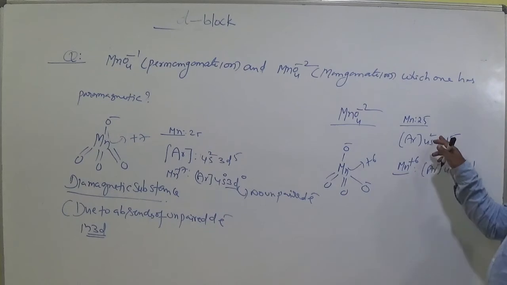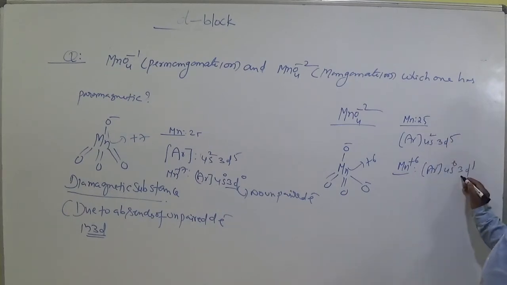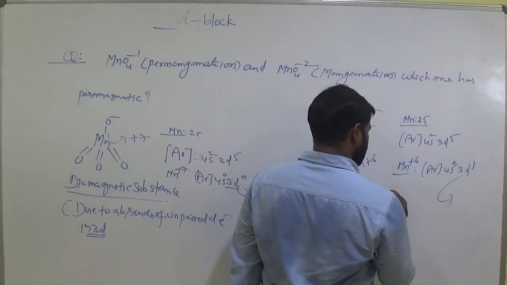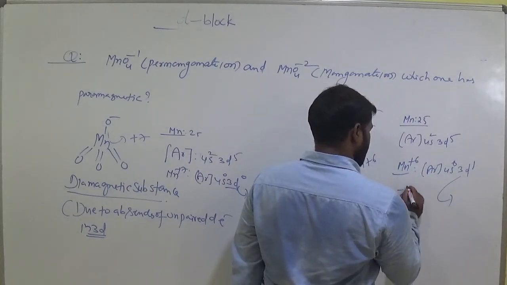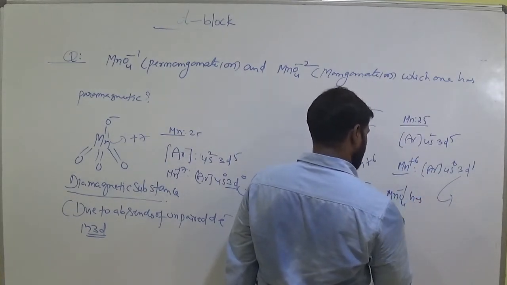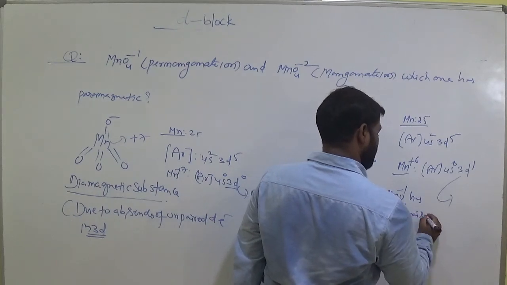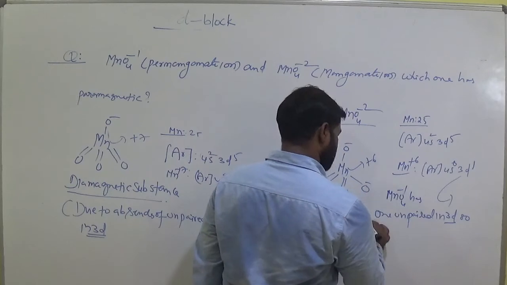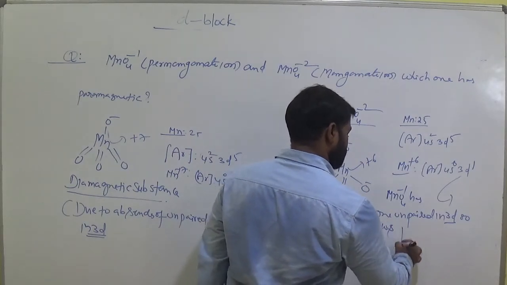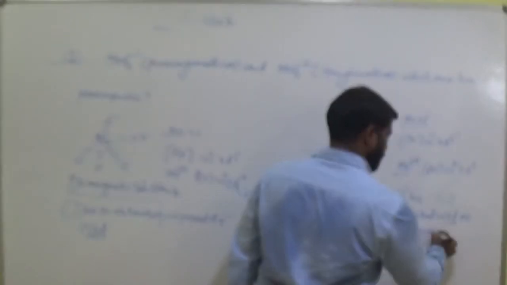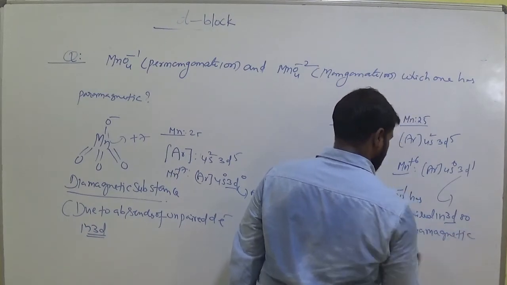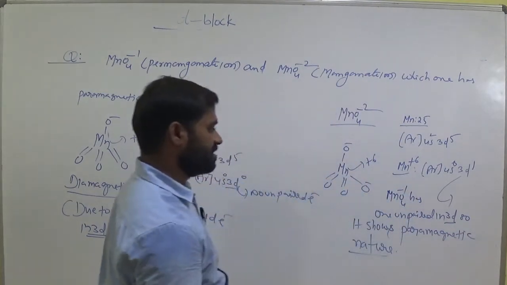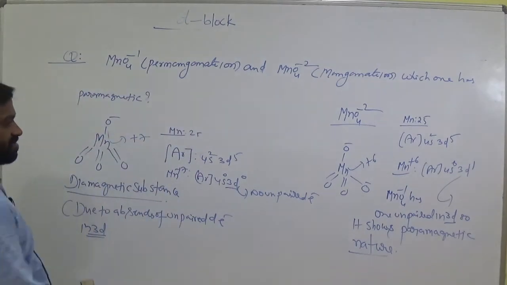So remove 6 electrons only, 2 here and 4 here. It has 1, so one unpaired electron is present in Mn+6. So MnO4 2 minus has one unpaired electron in 3d. So it shows which nature? It shows paramagnetic nature. Clear? Keep these 2 points also.